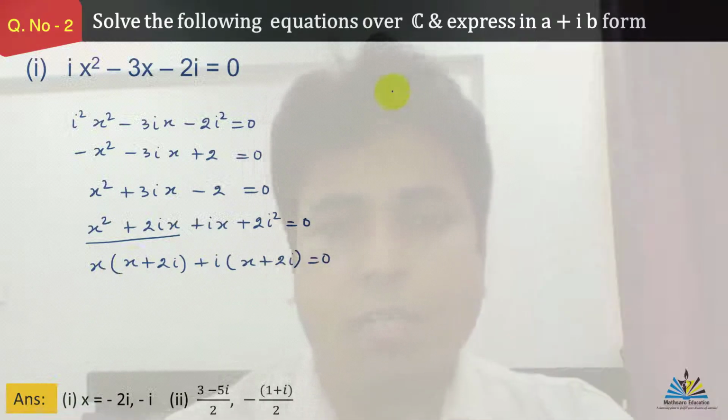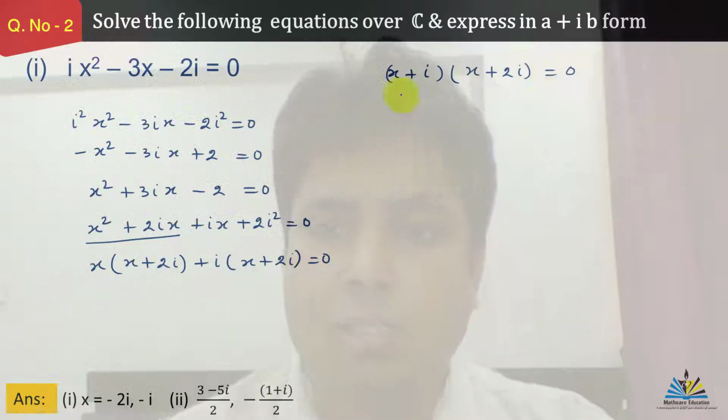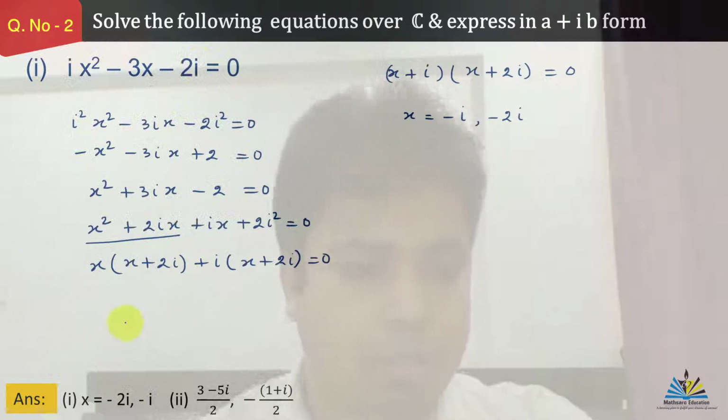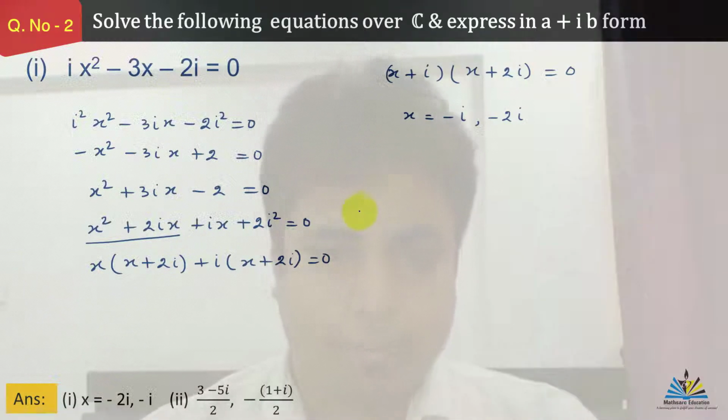So you can see here it is x plus i into x plus 2i is equal to 0. So x is equal to minus i and minus 2i are the roots of this equation. So this is another method to solve this quadratic equation.